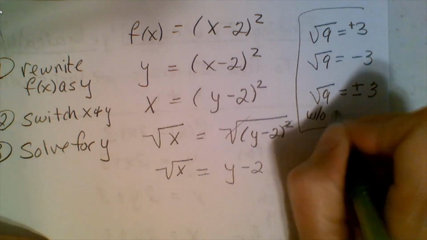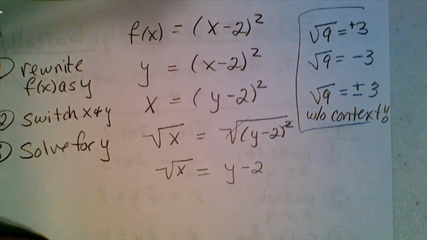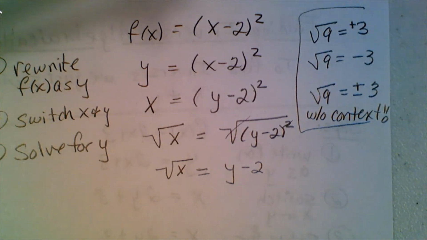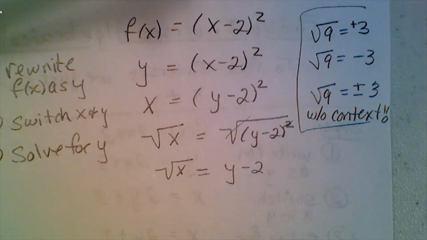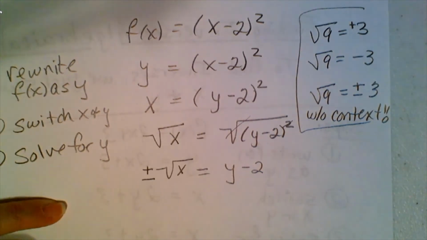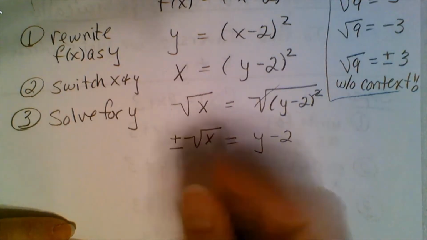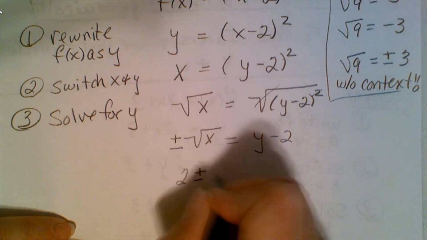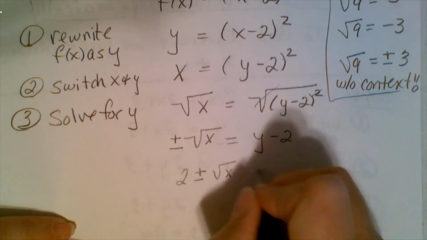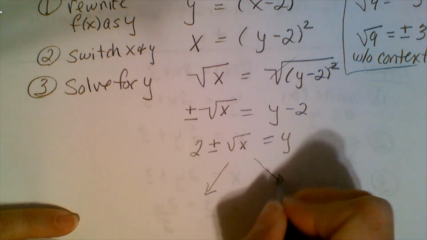Without context, you have to remember to put the plus or minus, because you absolutely do not know. So here I have a problem of a plus or minus piece going on. So when I add that 2 to both sides, I've got 2 plus or minus the square root of x, which is equal to y. But this means that I have a problem.